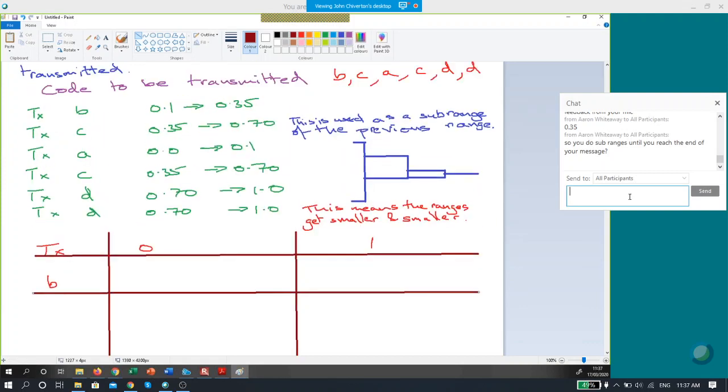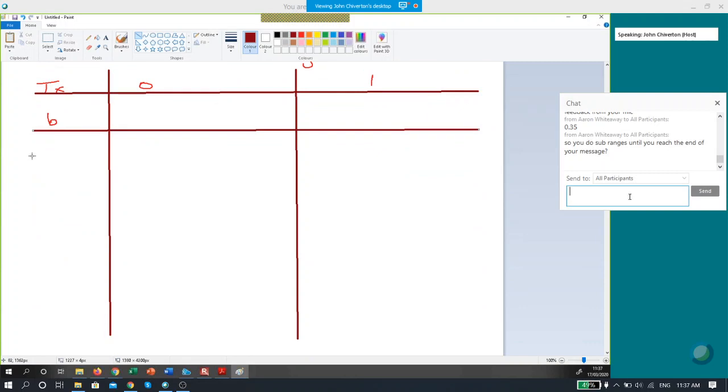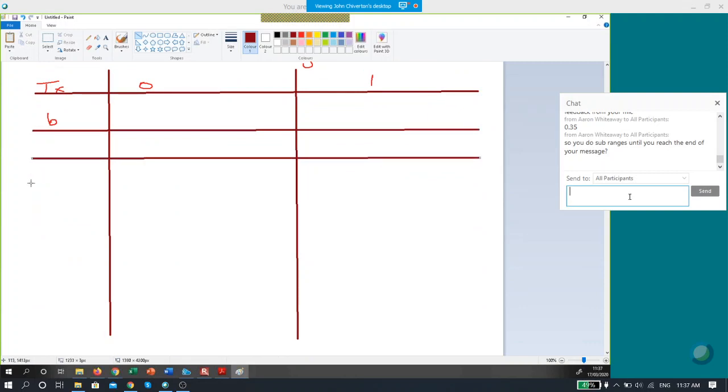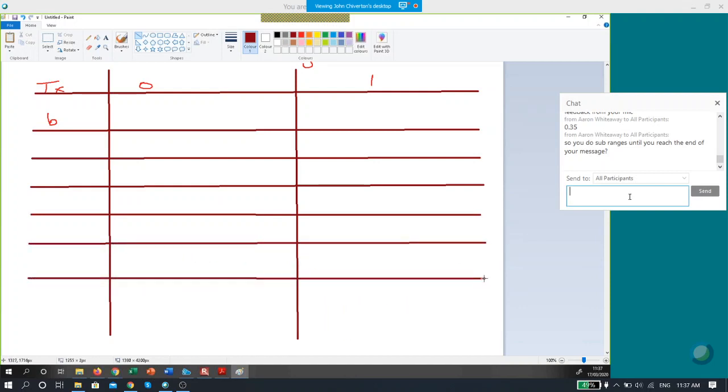We're transmitting 6 symbols, so let's try and fit 6 in. 1, 2, 3, 4, 5, and 6.